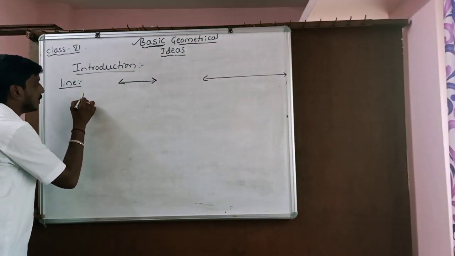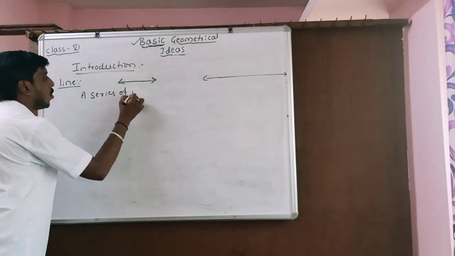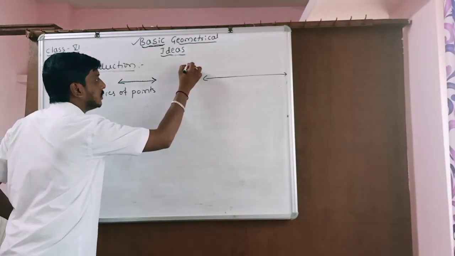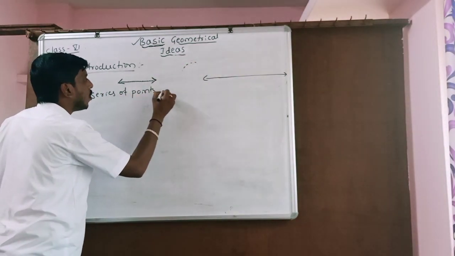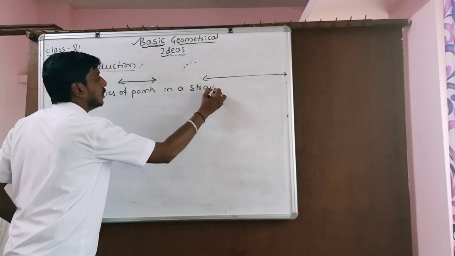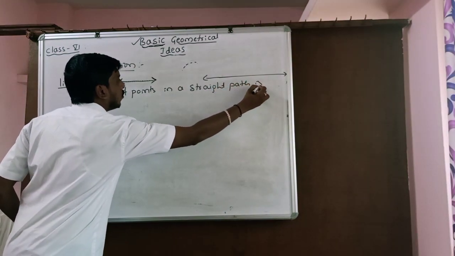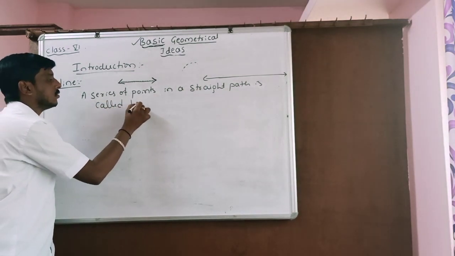A series of points in a straight path. See, this is not a line. Why? Because it is not a straight path. A series of points in a straight path is called a line.